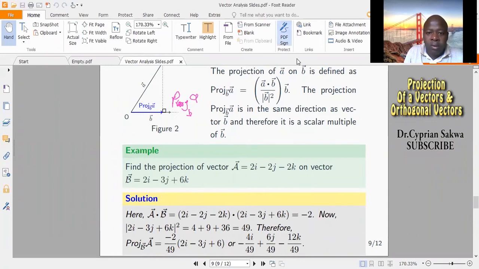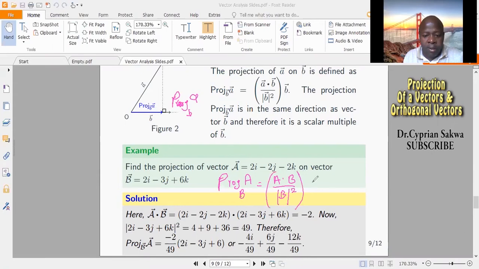So the question was the projection of A on B. By our formula, the projection of A on B will be A dot B over the magnitude of B square, everything multiplied by vector B.